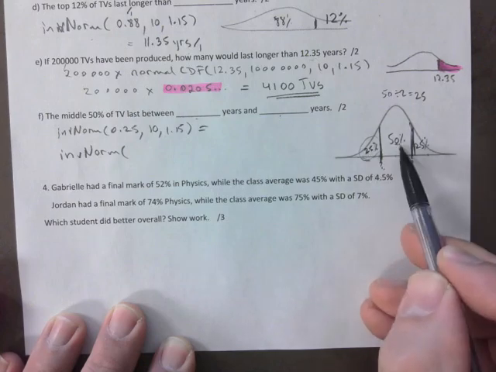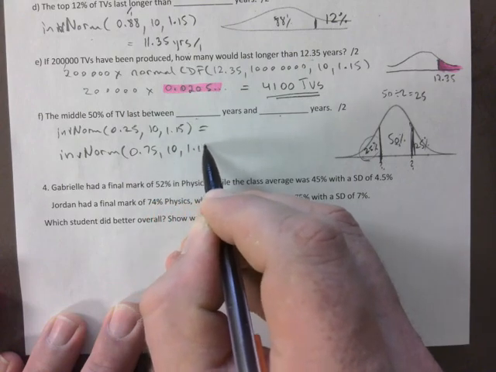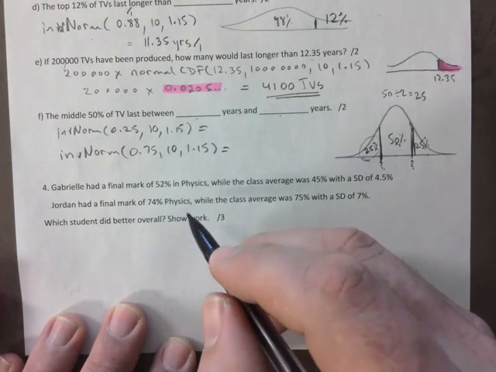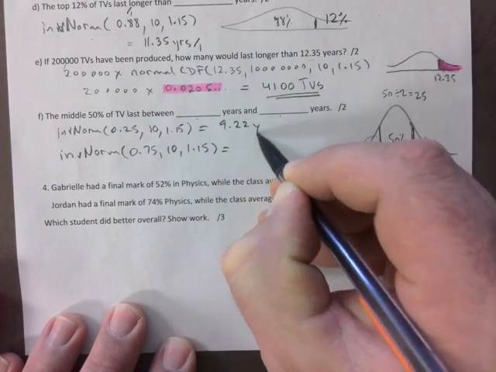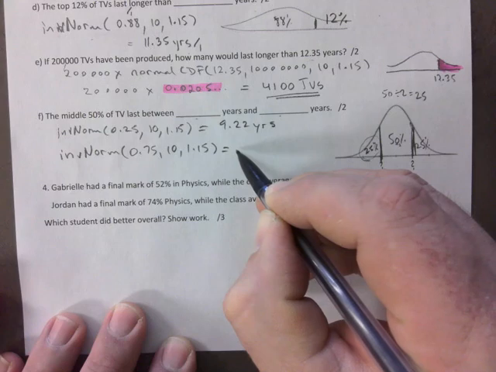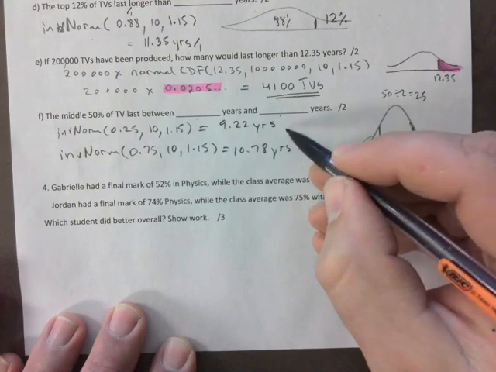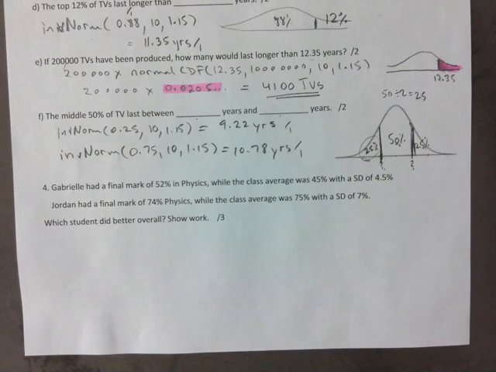Okay, so it's 75%. invNorm(0.75, 10, 1.15). And there you have it. The first one gets you 9.22 years. And the other one is 10.78 years. So I'll give you 1 mark for each entry there.